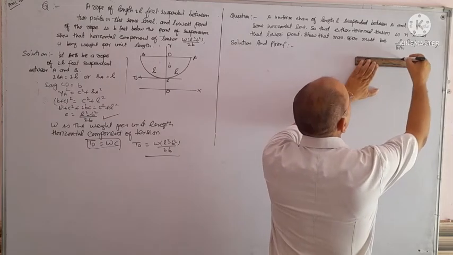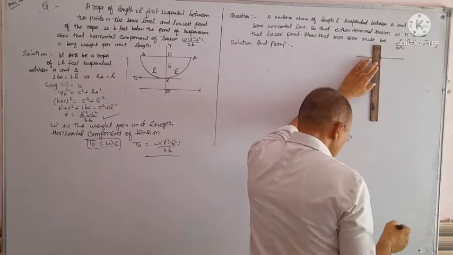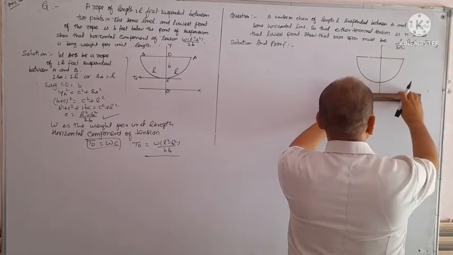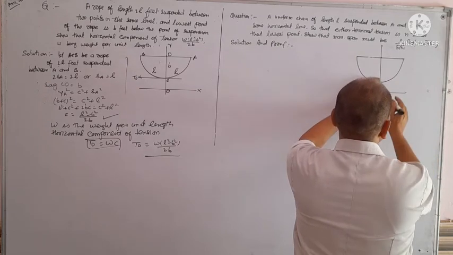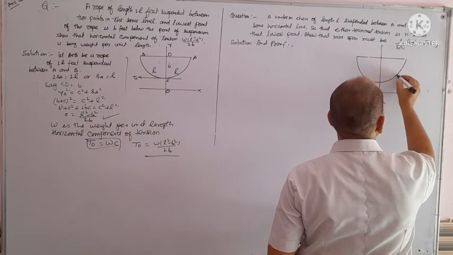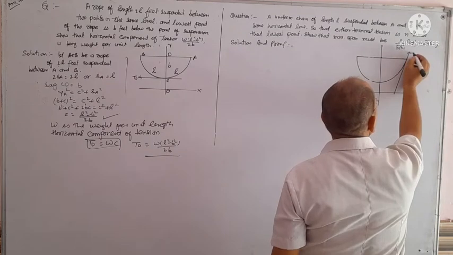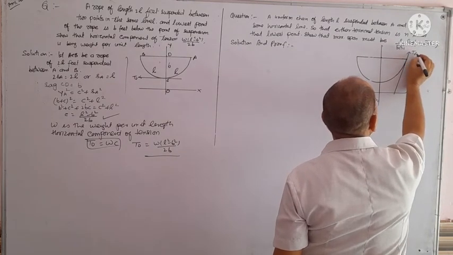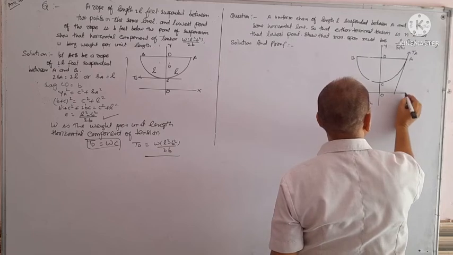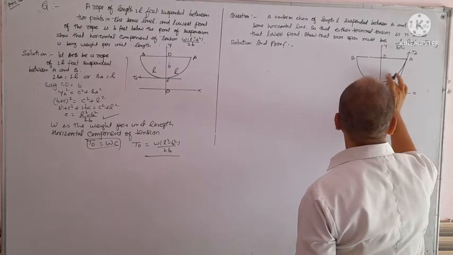Figure as follows. Question number first. Length of the chain L, L by 2, L by 2.